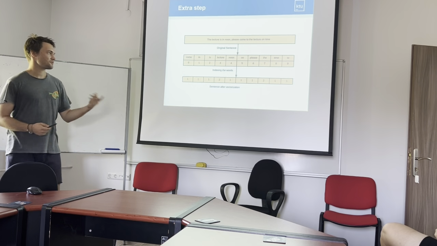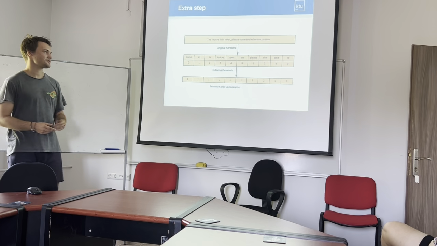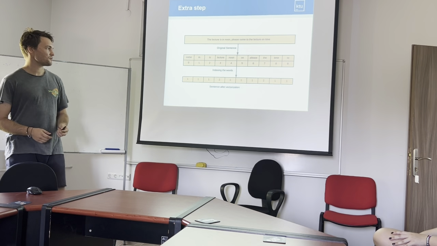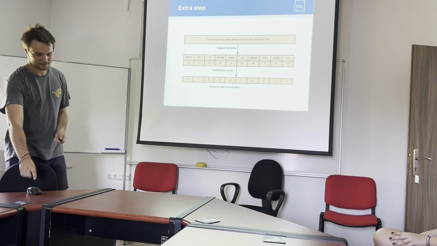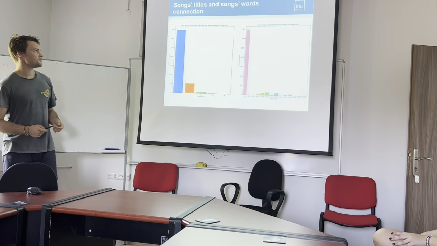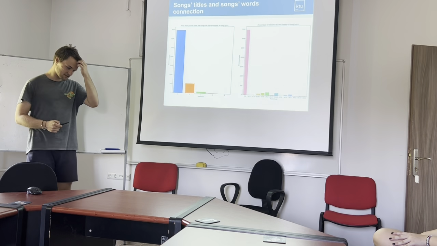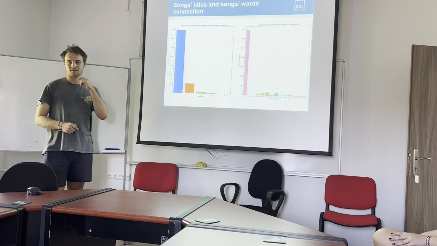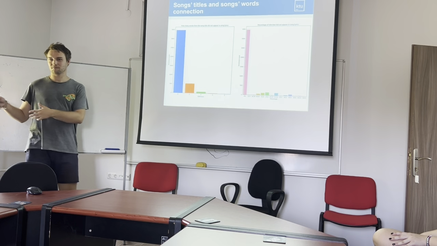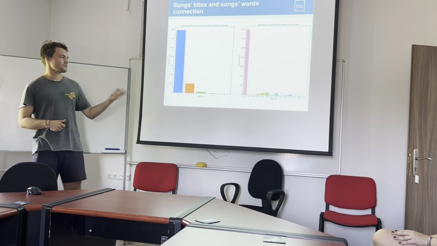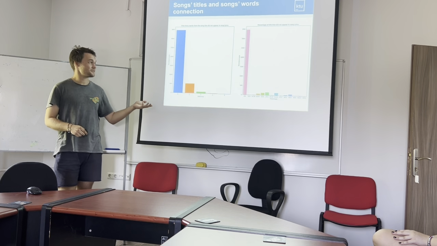I needed an extra step with a count vectorizer, which just represents the sentence as numbers in a vector. With this, I could more easily do further analysis of song titles and song words. Nowadays, the title is usually part of the song lyrics, so I thought I'd check if this is true.